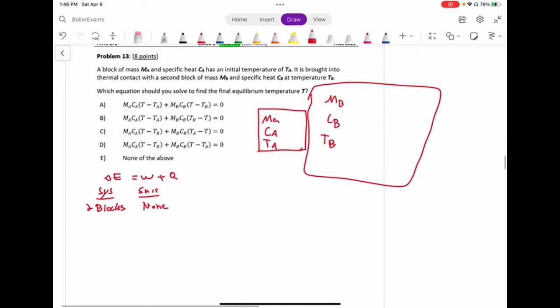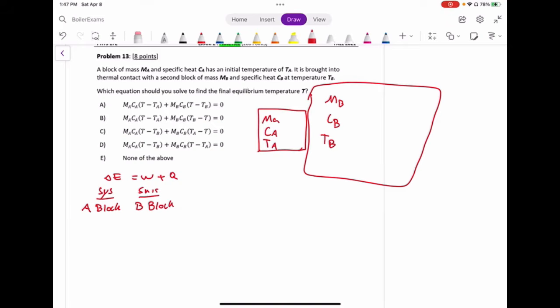Actually, let's do this instead. Let's put one block, the A block, as the system, and the B block will be the surroundings. It doesn't really matter how you set this up. This might be the easiest to understand.